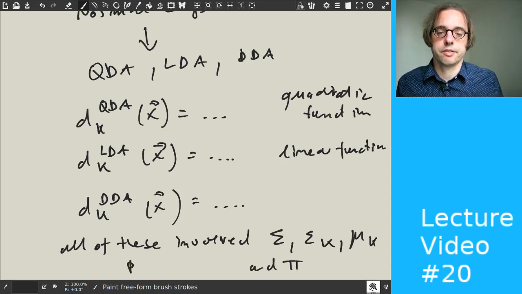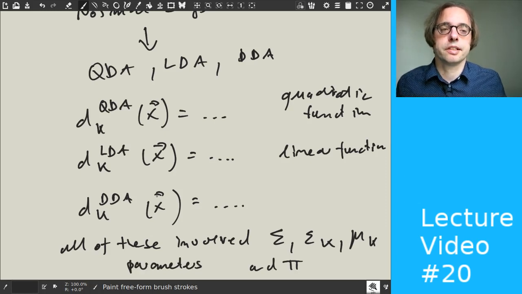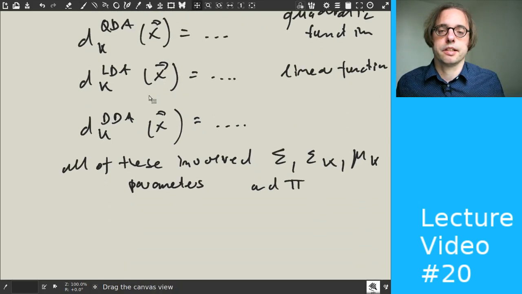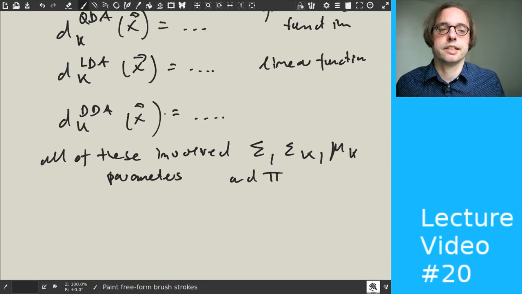So we have all these parameters, and if we know the parameters, then of course we can predict y, but in practice we have to actually learn the discriminant function from the data.